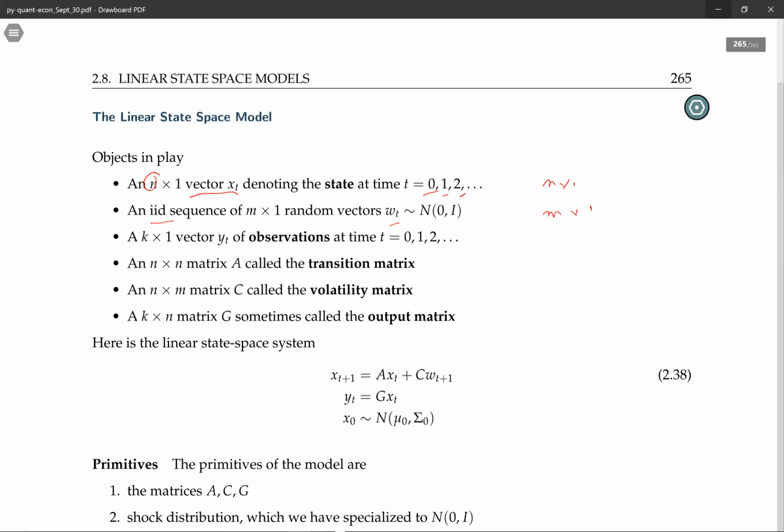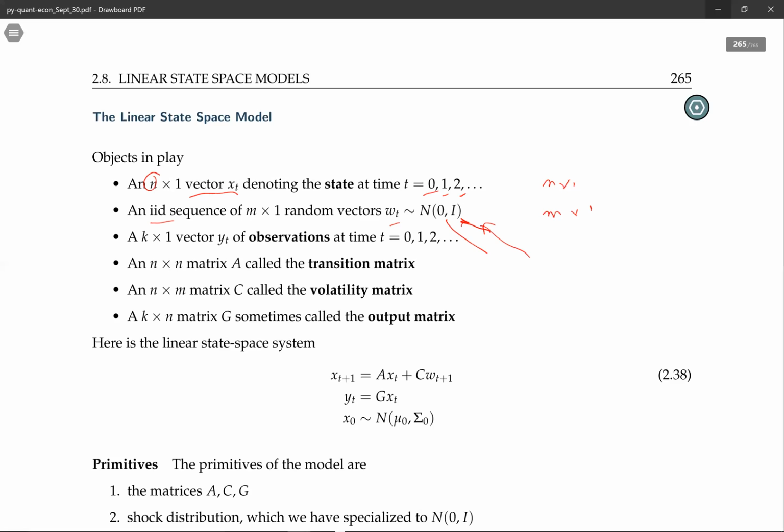These are going to be IID normal shocks. If you look up Wikipedia and look up a Gaussian or multivariate normal distribution, that's what this is going to be. What this means is the mean is 0 and the covariance matrix is the identity.